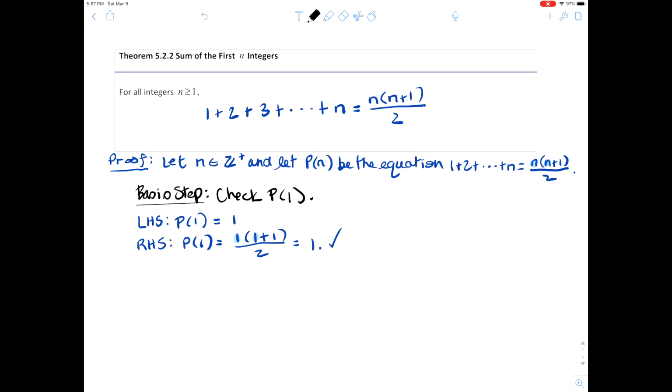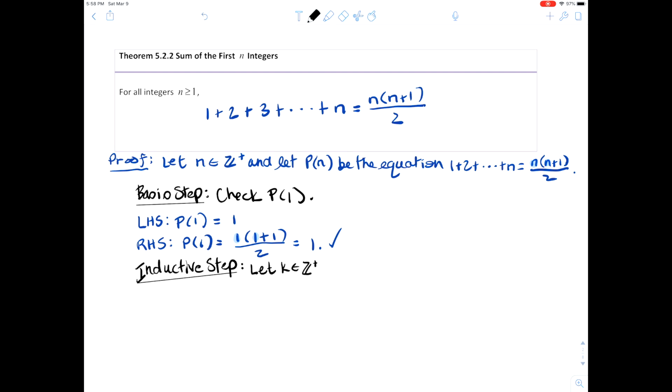All right, so now we want to look at the inductive step. So our inductive step, let's identify our k. So we're going to let k belong to the positive integers.